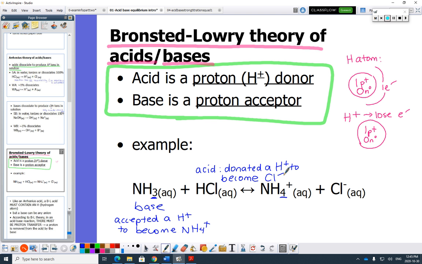Over here, it's NH3. So it got rid of an H. On the product side, usually, again, this doesn't have any H's. Okay, so usually one of the substances is very, very obvious. This cannot donate any H's, it doesn't have any. So this has to be the base.